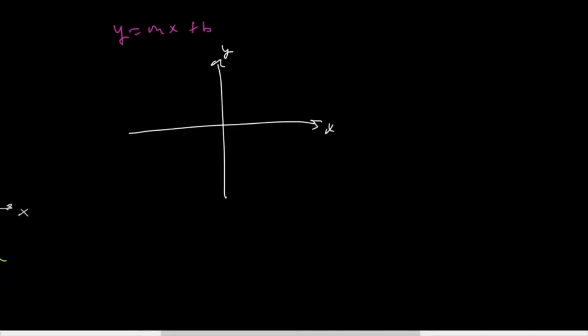So this would graph the line with y-intercept b and slope m, whatever that happens to be. Notice if I change b here, the y-intercept changes. So b is basically like how high or how low the line is.